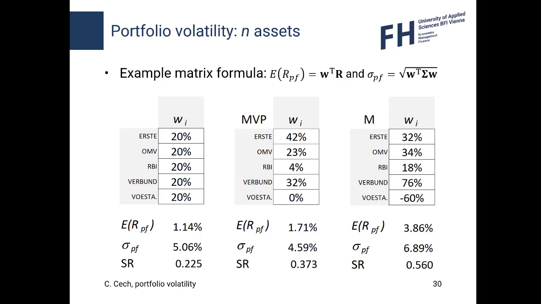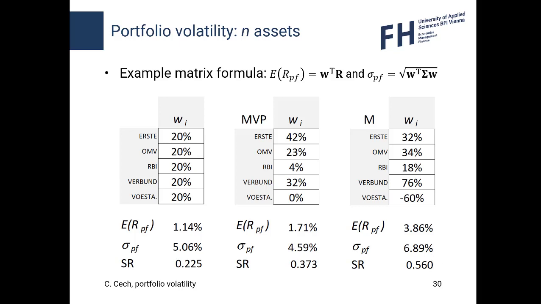It has an expected return of 3.86% and a standard deviation of 6.89%, which is higher than the risk of the other two portfolios, but the risk-return relationship seems better.